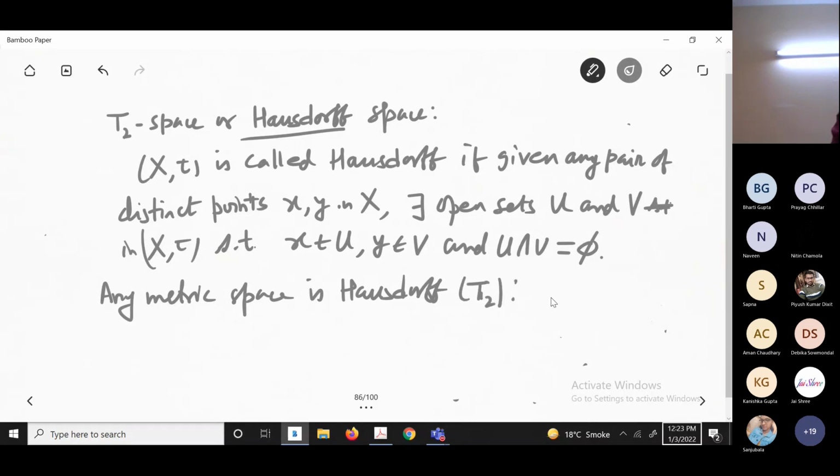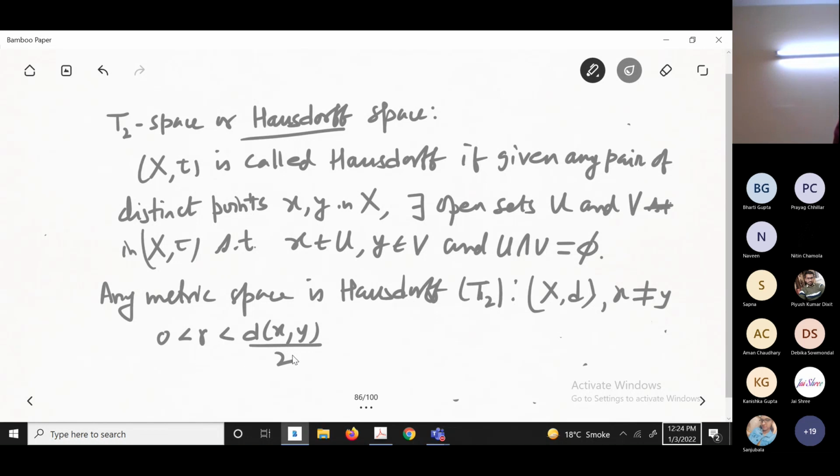Look, if you have a metric space (X, d) and x not equal to y, then d(x,y) is strictly greater than 0.